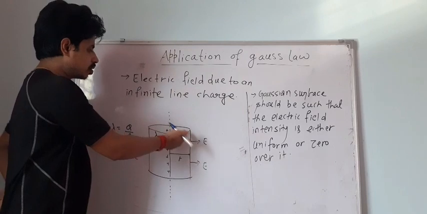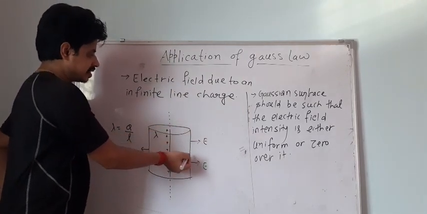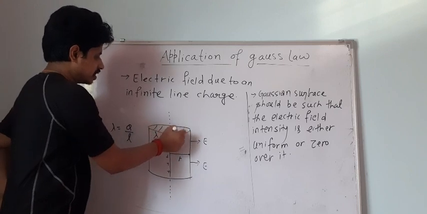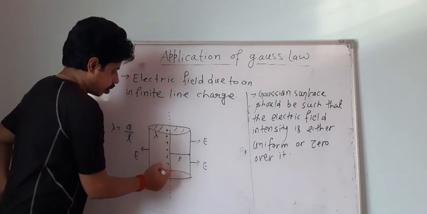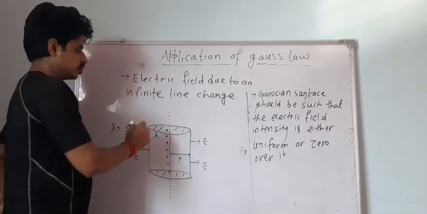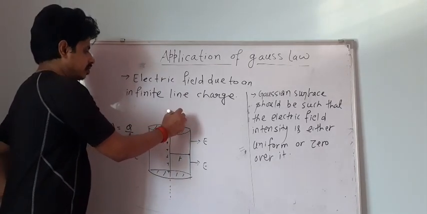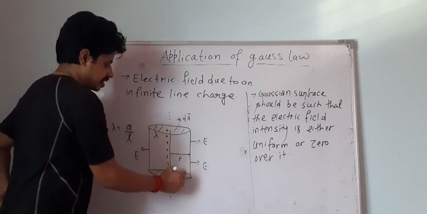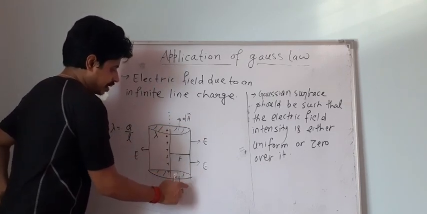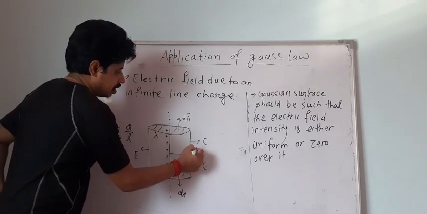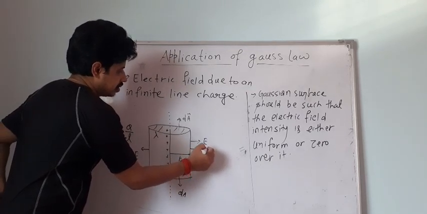Means it cannot vary. So here it is E, and if I talk about this surface, bottom and top, then here the electric field is zero in the direction of the area vector. Here is the direction of the area vector, perpendicular to the surface, and here it is the same.